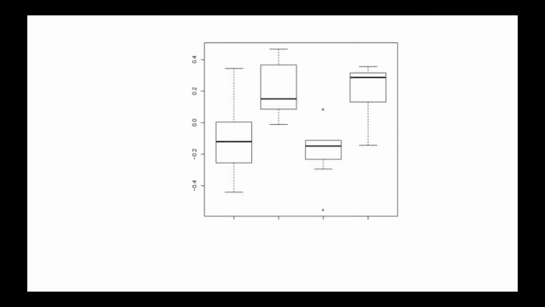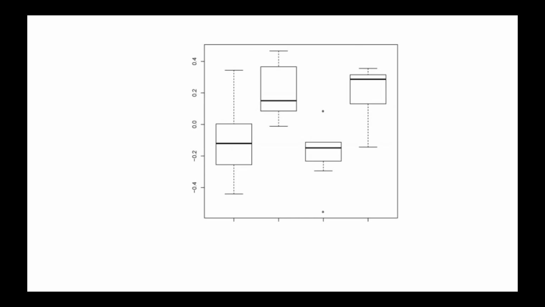So one very useful way to explore your data before you run some kind of analysis is to try and understand your data and summarize it in a visual way. One obvious way to do that is to map your different characteristics of data visually. For example, one way to do that is using a box plot.